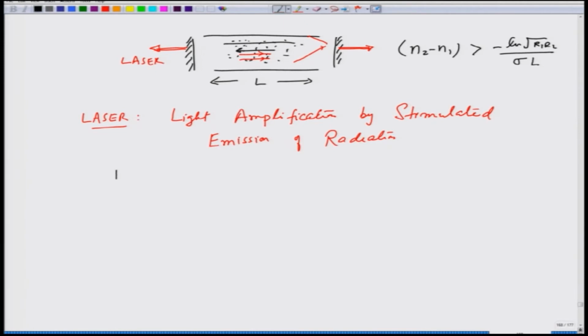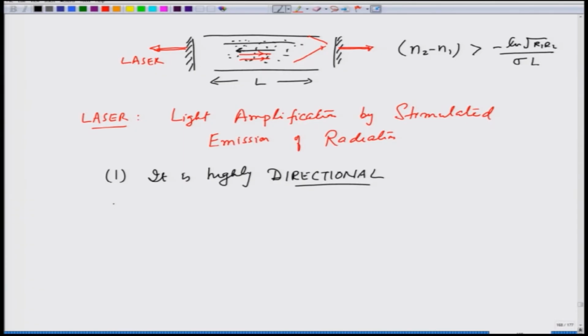So, one property is going to have is it is highly directional. Why? Because you are amplifying the light going in one particular direction, so it is going to be highly directional.